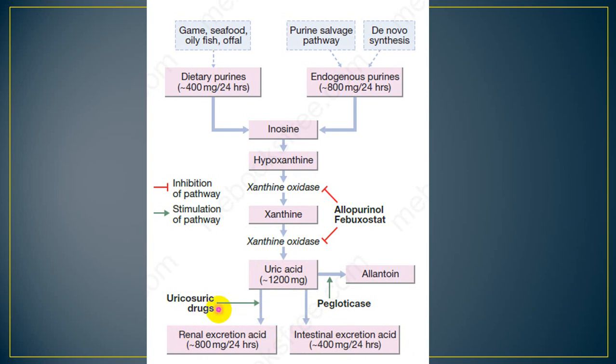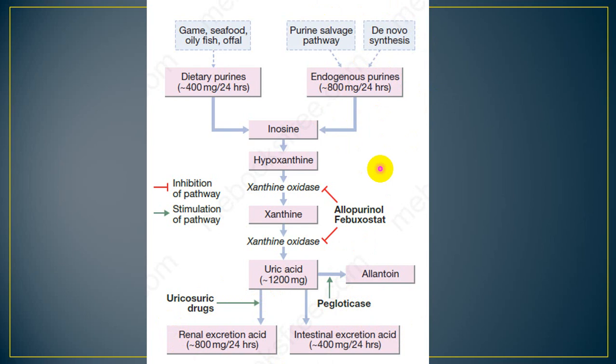So if we look accurately at this diagram, we will find that in order to get high uric acid and development of gout, either one has high intake of purine, or there is increased production of purine within the body, or there is under-excretion of purine. This is number one.